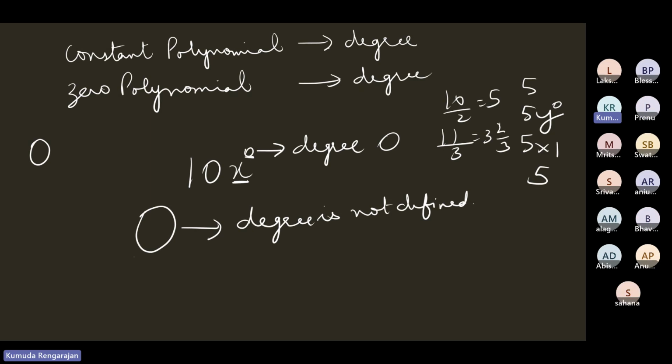The degree of a constant polynomial is 0. Because if you take 7, 7 can be written only as 7y to the power 0. You cannot write 7 as 7y, because 7y is different from 7. You can write anything without changing the value of what was given originally.